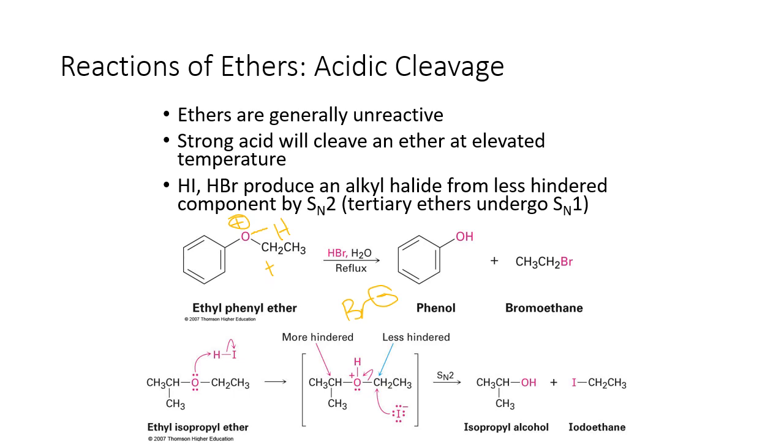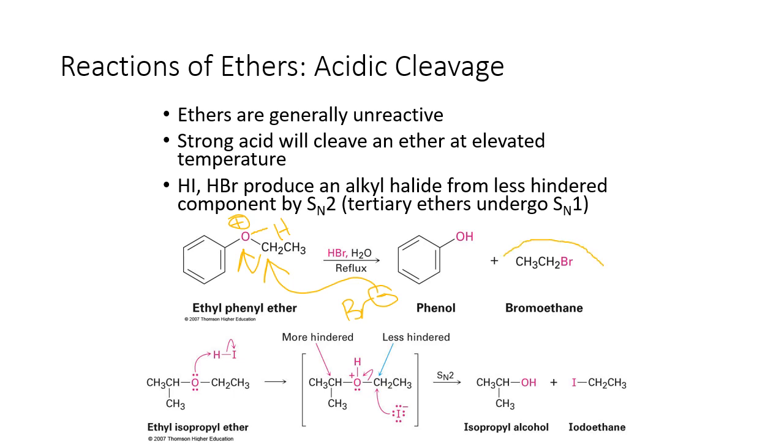Let's delete that partial positive so we can write the arrow. The negatively charged bromine will attack this carbon and form a new bond with it, and in exchange you break this bond, and the electrons of that bond go back to the oxygen. Let me draw the arrow in a better way. So the bond's electrons go back to oxygen.